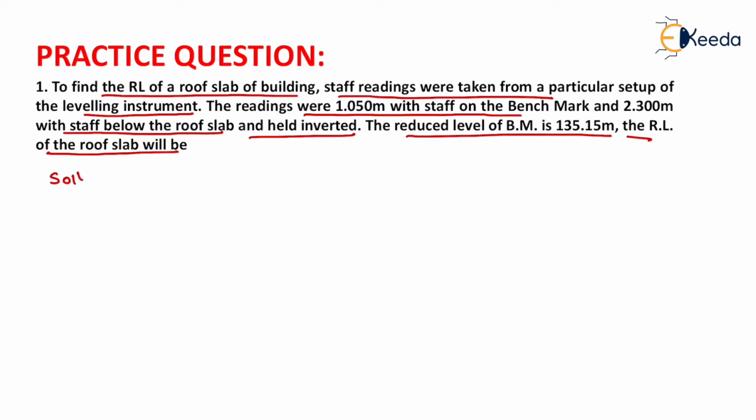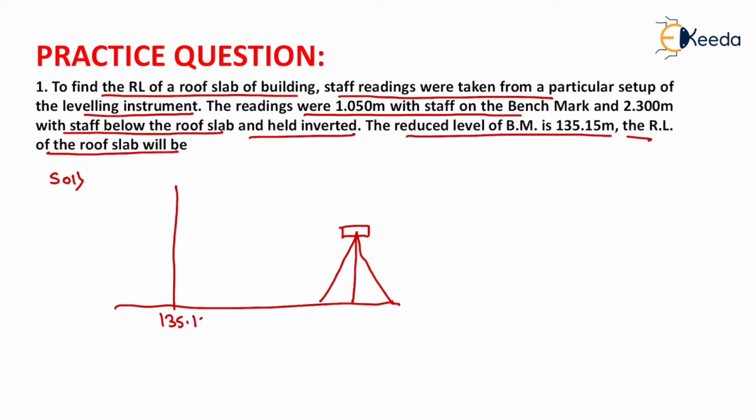For this we need to draw the diagram like this. That is the instrument station, or we can just say that this is the level. Now we had taken the reading on a benchmark whose RL is already known, that is 135.15 meter. That will be the RL of benchmark.